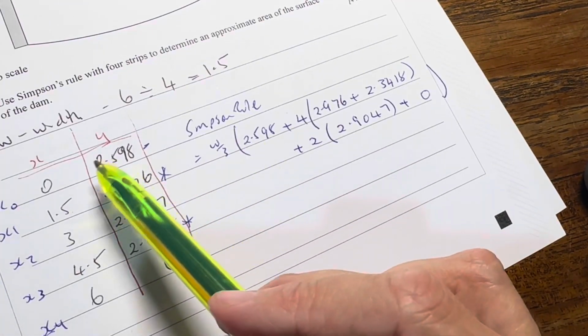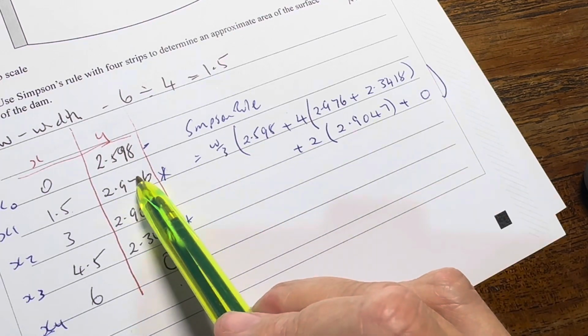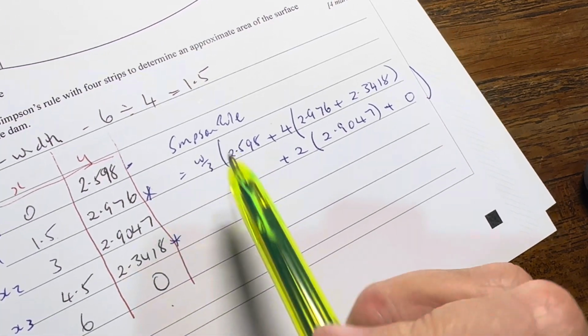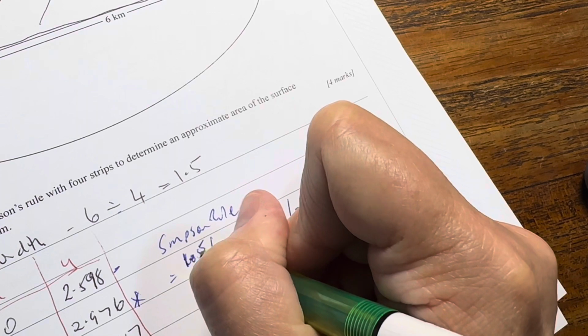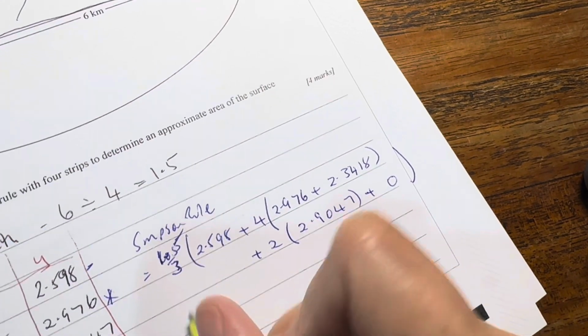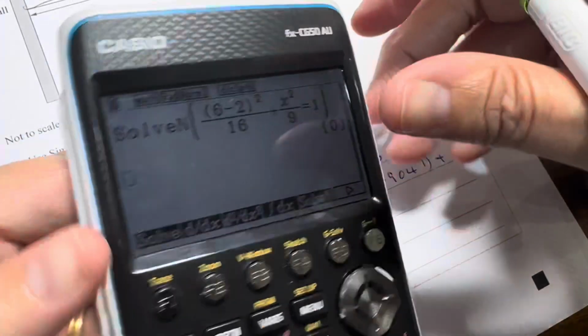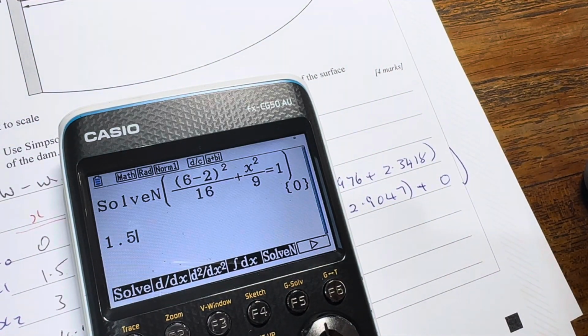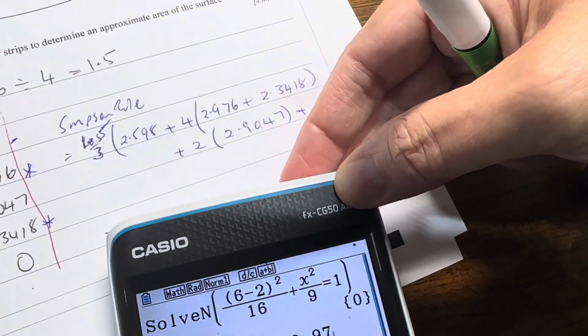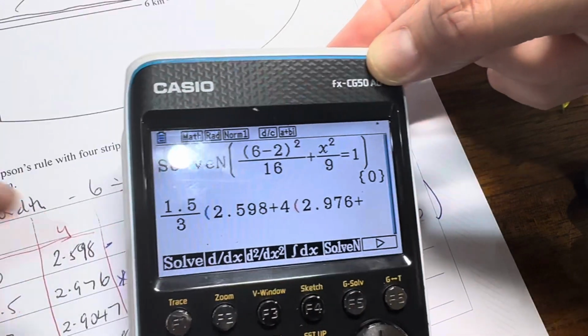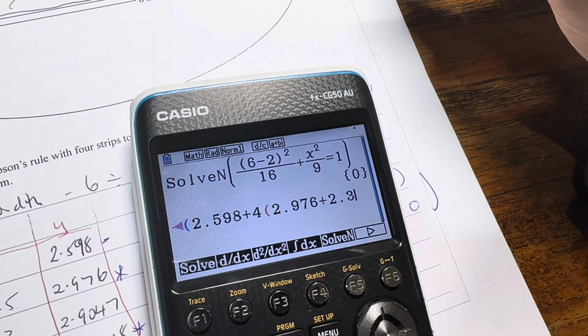That's just coming off here: my 2 ends, the front and the back, 4 times my odds and 2 times my even. And my width, of course, was 1.5. I should substitute that in, shouldn't I? It's then a case of popping it all in your calculator. 1.5 over 3, open your bracket, then you've got 2.598 plus 4 times 2.976 plus 2.3418.